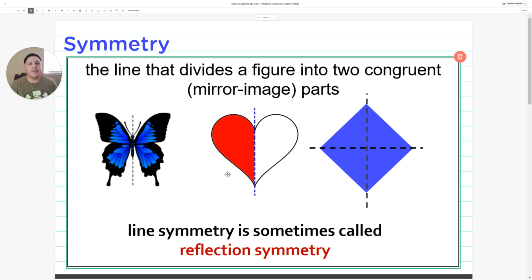An easy way to think about symmetry is to hold your hands in prayer form, and then to unfold them out. That space between your pinkies, imagine a line going down in the middle of your pinkies. That line mirrors one side for the other. So that line right there is the line of symmetry, which makes the left side look like the right side.